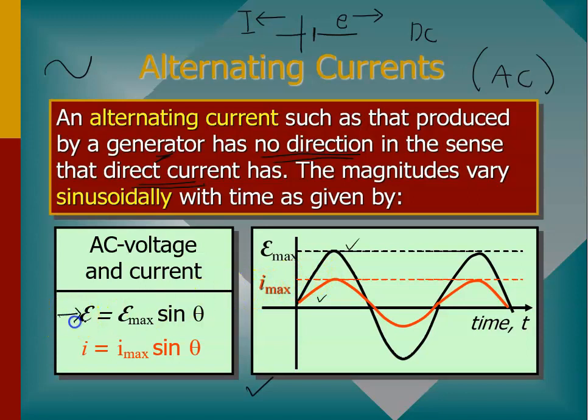Your power supply or EMF is given by the equation EMF equals EMF maximum sine theta, and similarly the general equation for current is I equals I maximum sine theta. So this is the general equation and also the graph for EMF and I maximum.